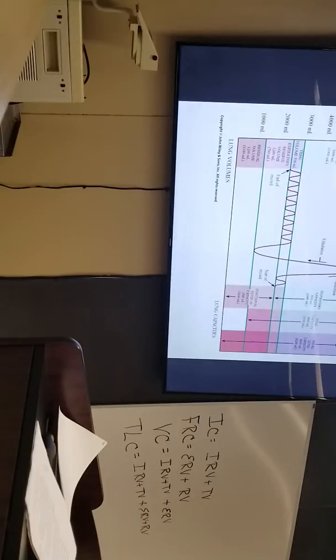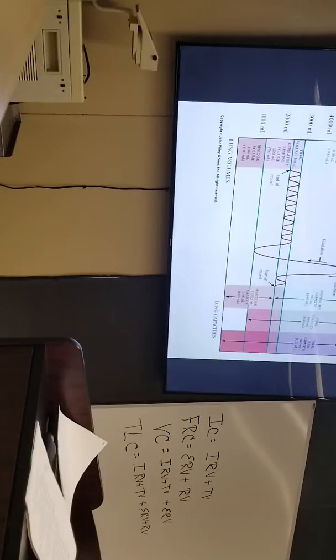We have different capacities, which measure the amounts of air taken in or taken out, or how well or how poorly our lungs are performing. Our inspiratory capacity takes into account your tidal volume and your inspiratory reserve volume, how much air you just took in.